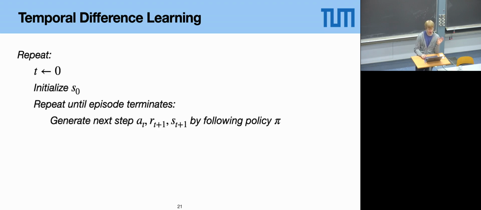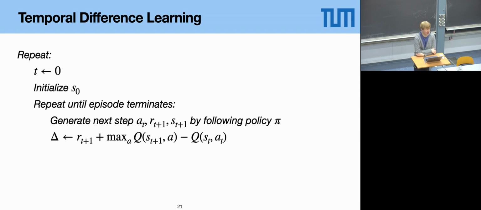What would be an example for a temporal difference learning algorithm? As I mentioned before, we now generate transitions, not complete episodes. Then we compute the violation of the Bellman equation, the consistency equation that values have to fulfill.